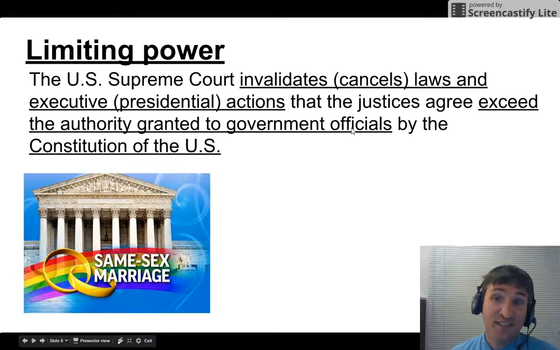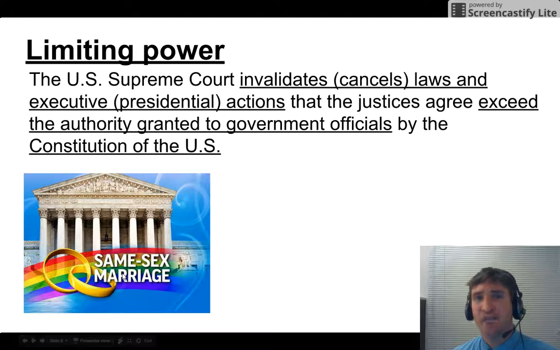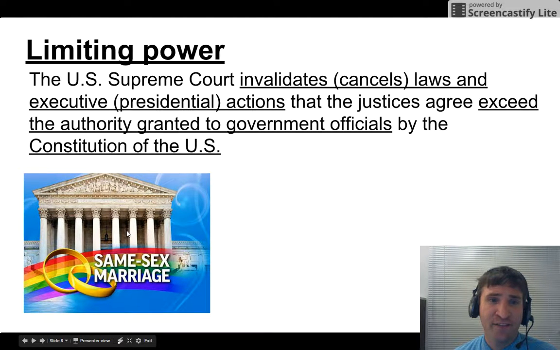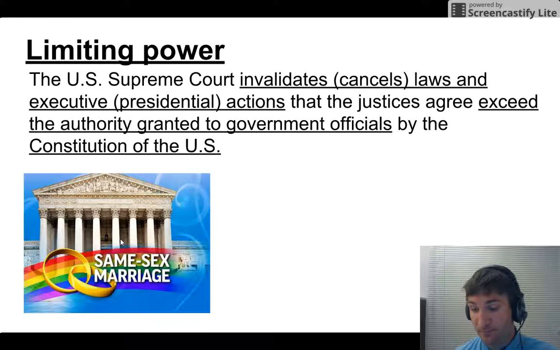And who decides that power? The Constitution of the U.S. And one important recent case was the same-sex marriage decision the Supreme Court made that said all courts in the U.S. should recognize the marriage of gay couples. All courts should be legally obligated to recognize that marriage. And that was a step forward for equality.